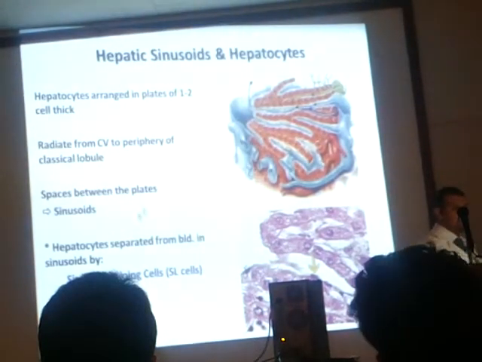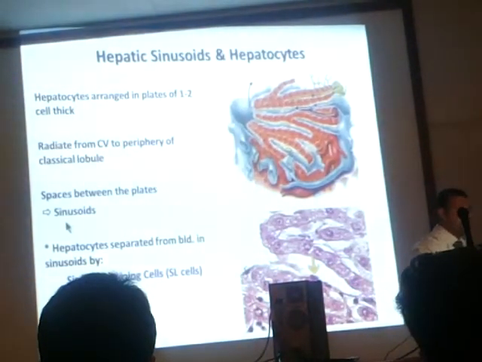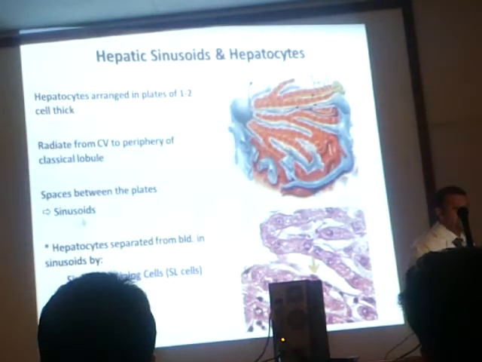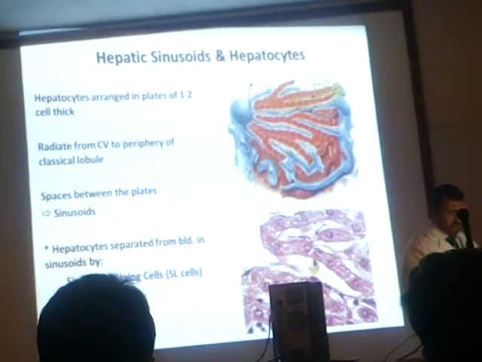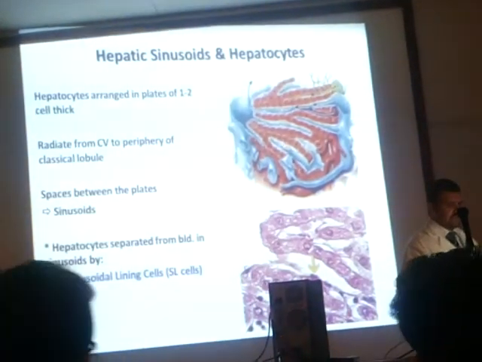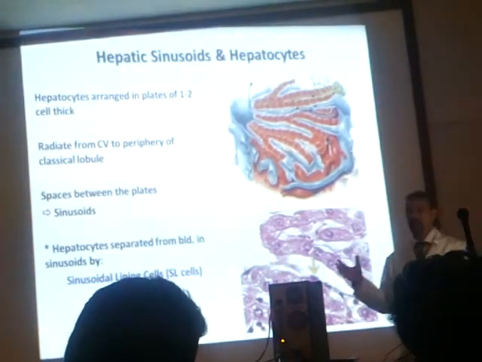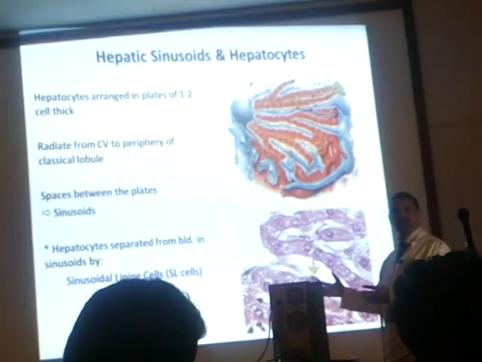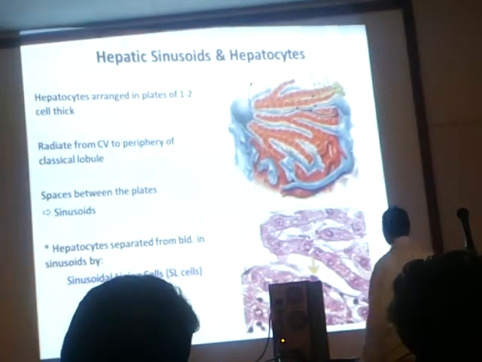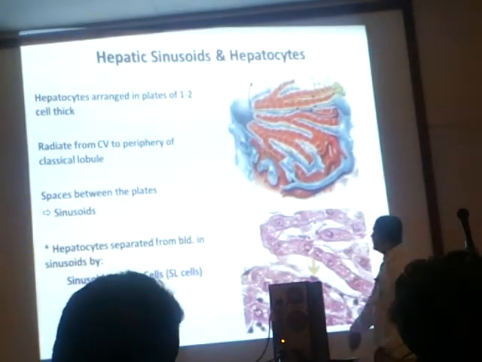The spaces between them, the blood capillaries, are the sinusoids. I told you that the sinusoids are nothing more than what? Blood capillaries. And those blood capillaries take the endothelial lining from the tunica intima in the portal vein and in the hepatic artery and extend where? Into the central vein.